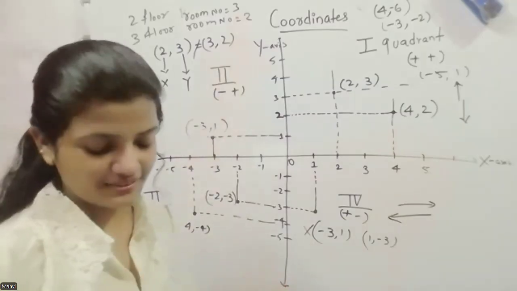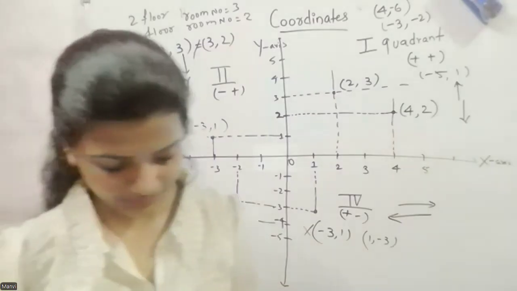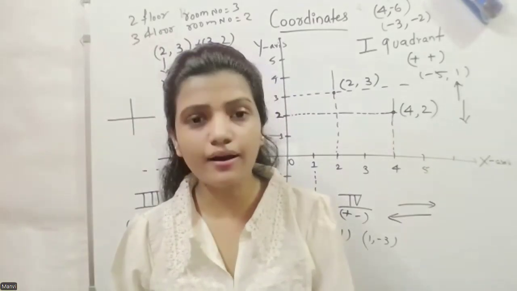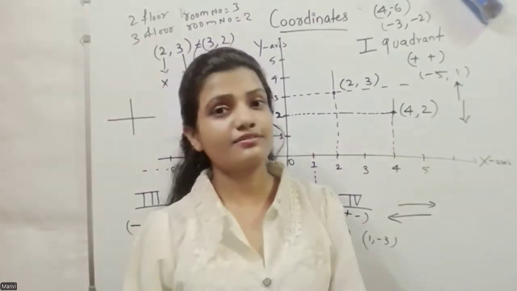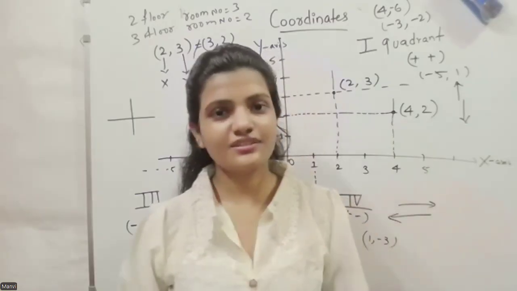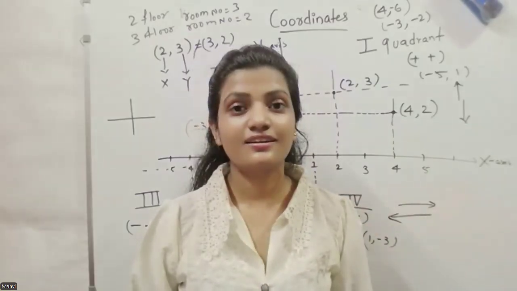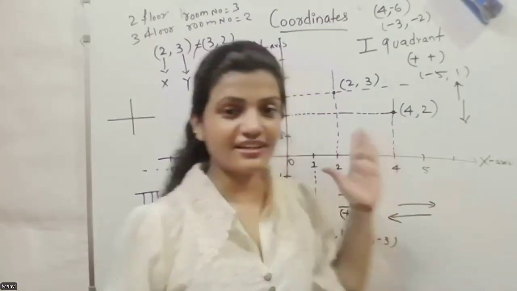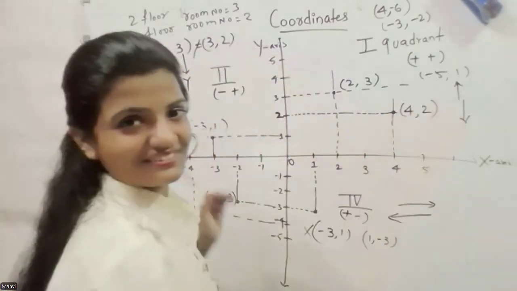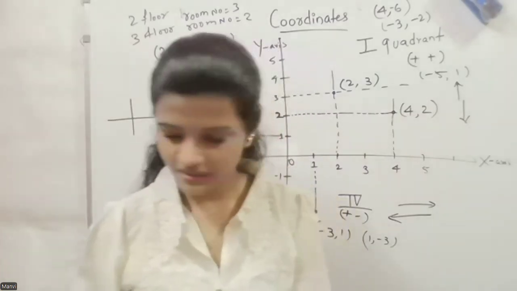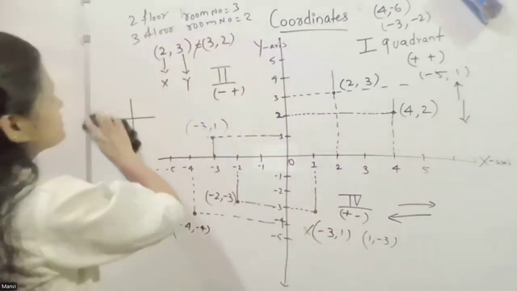We already know that. Okay? Going up means positive. Going down means negative. Left is negative and right is positive, right? So let me write that also.